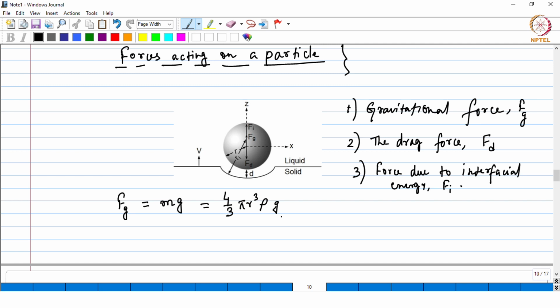And since we are talking about a relative motion between the particles and the molten metal, here instead of rho, you will have the difference of the densities, delta rho. Okay.